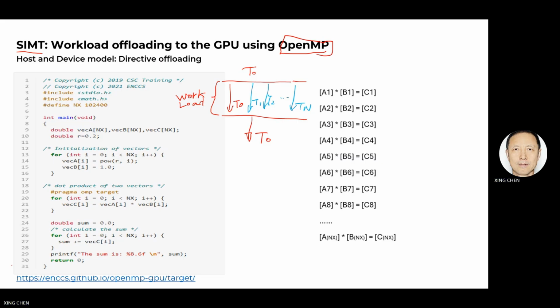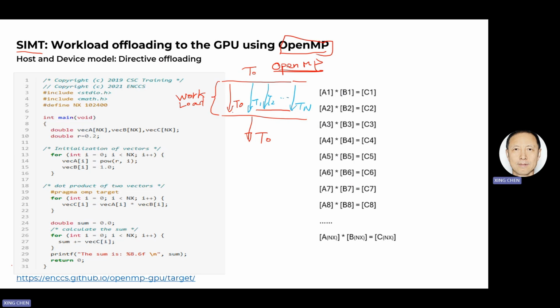For OpenMP, all these threads will be created by the system, and all these threads in the color blue will be executed on the CPU cores. And this is for OpenMP.